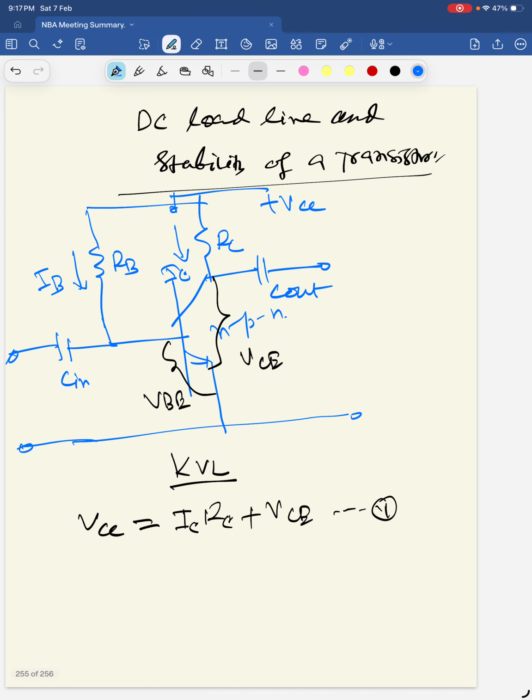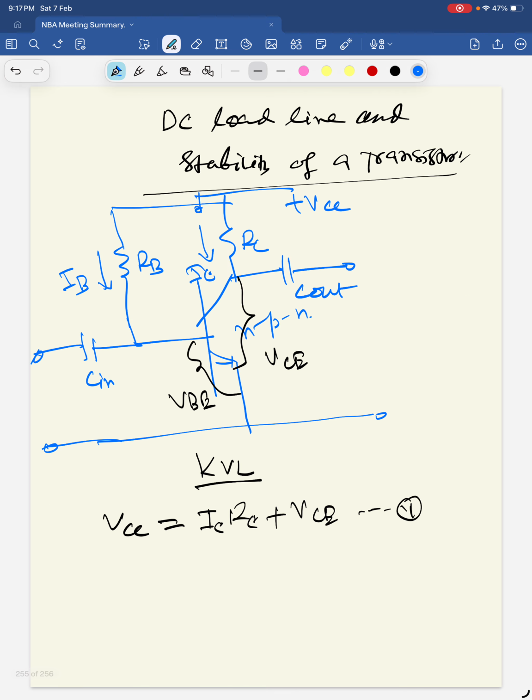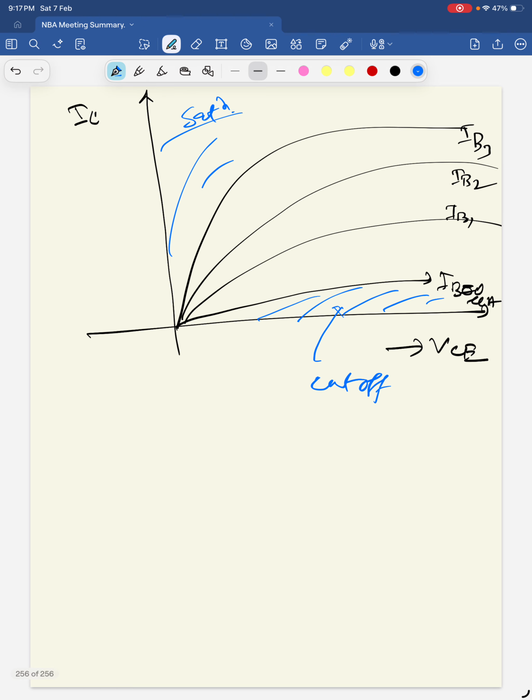Now what we get is that this is the expression. This is a very, very important expression. Now along x-axis in this graph, along VCE axis, IC, the collector current, is equal to 0. As you know, along x-axis y is equal to 0, along y-axis x is equal to 0.